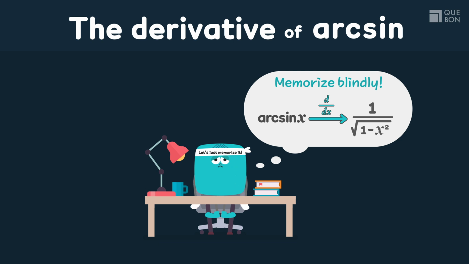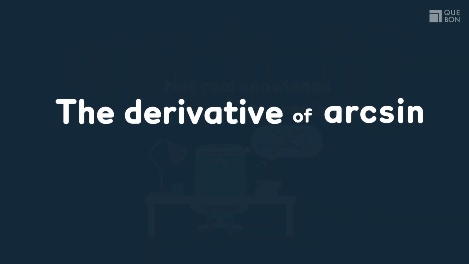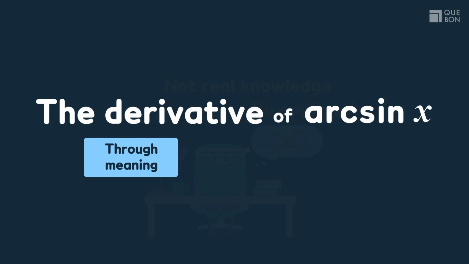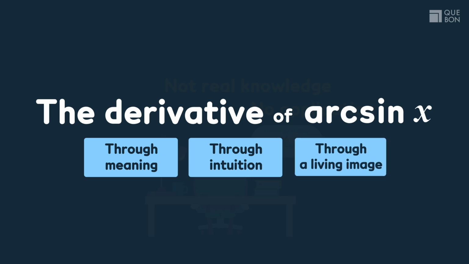But memorizing without understanding? Never do that. It's useless. You can't apply it. It's not real knowledge. So today, let's discover the derivative of arcsine x through meaning, intuition, and a living image.